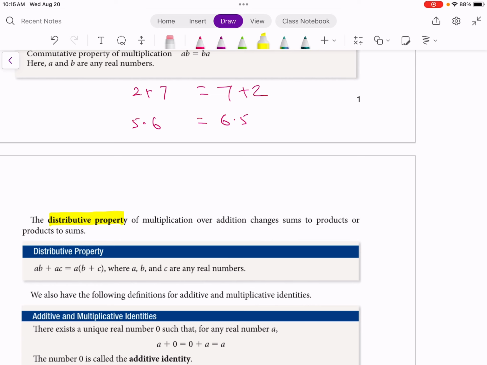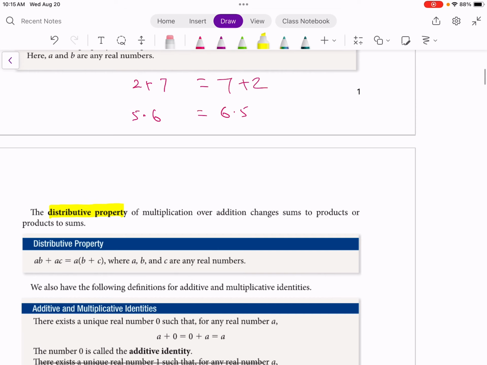So the distributive property tells us that we can change sums to a product or a product to a sum. For example, let's say we have 5 times 7 plus 5 times 6.